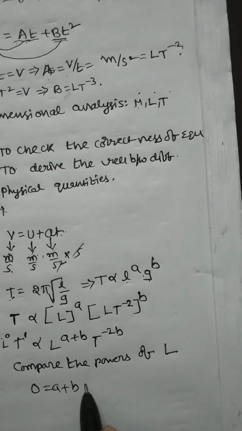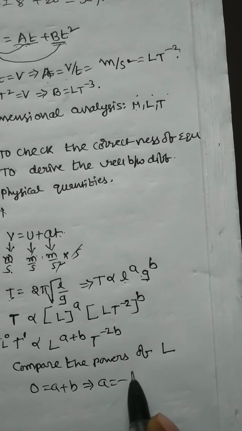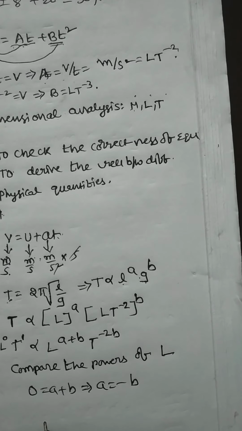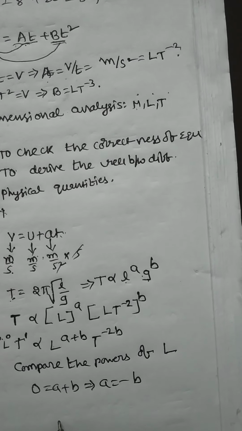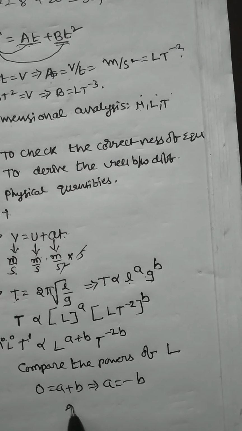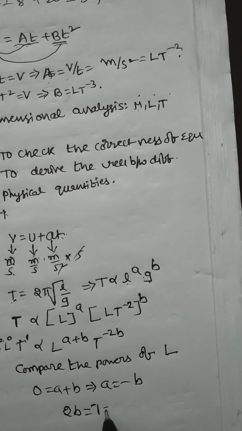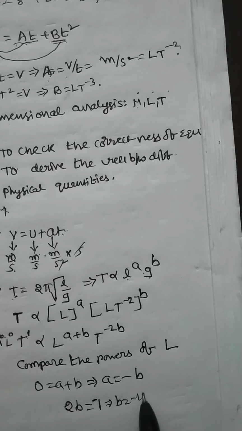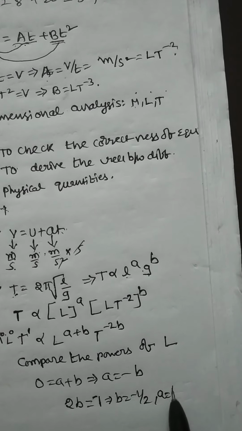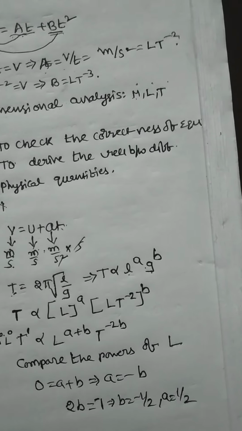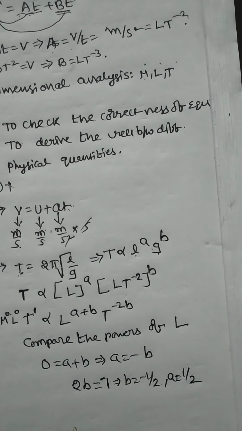A plus B. So A equal to minus B. And compare the powers of T. So you will get minus 2B equal to 1. B equal to minus 1 by 2, means A equal to how much? 1 by 2.